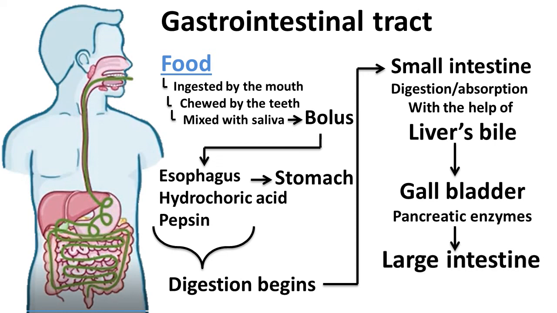Inside the small intestine, the pancreatic enzymes also get mixed, and then these contents reach the large intestine. The large intestine absorbs the excess water from the fecal content, and then the waste products get excreted.